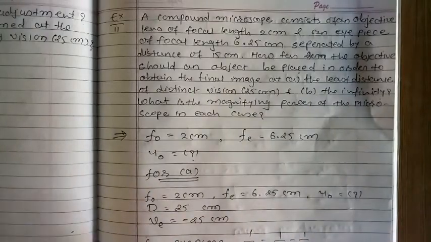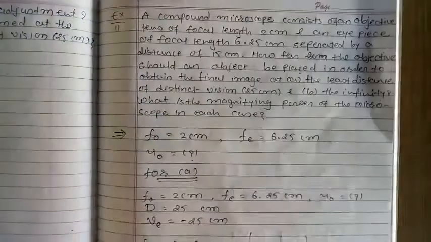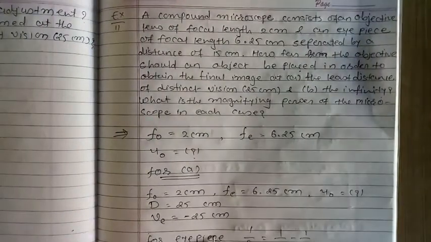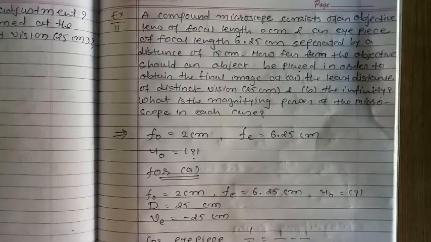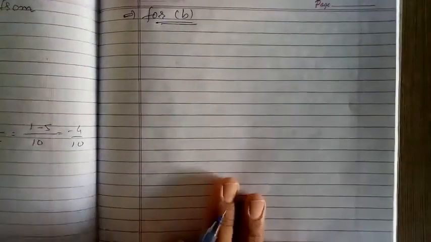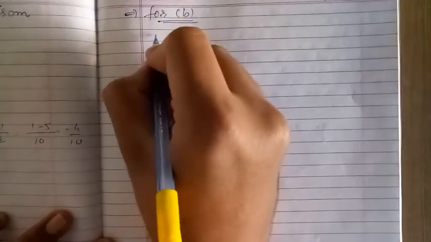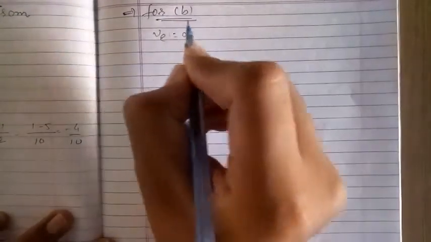So we have to repeat the same process, but here we take V as minus 25, but in case 2 we have to take V infinite. Then we have to do the same process, right? So for B, VE is equal to infinite.